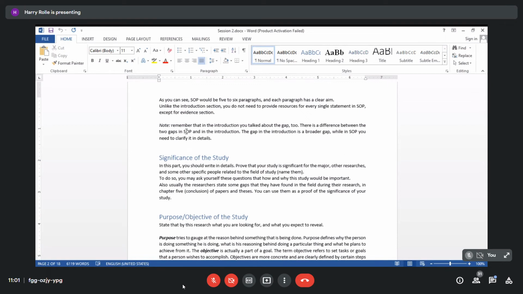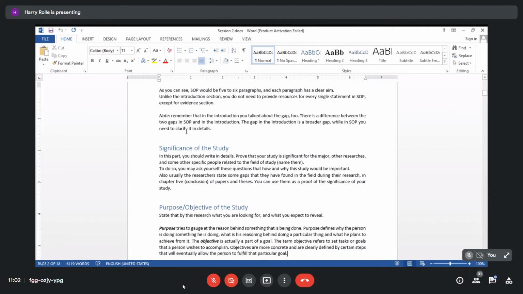So you need to detail the specific gaps you want to solve. Ano ba natin? Pinapatunayan. Yung opinion ba ng lalaki at babae na ganitong edad? So specified na. So you're going to give more specified gaps in the statement of the problem, kesa dun sa ginamit mo sa introduction.